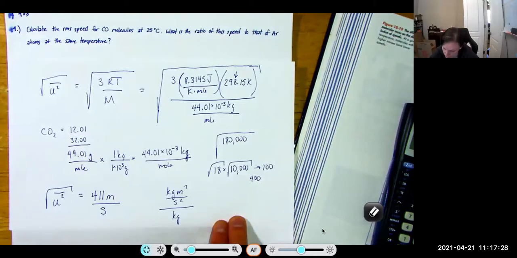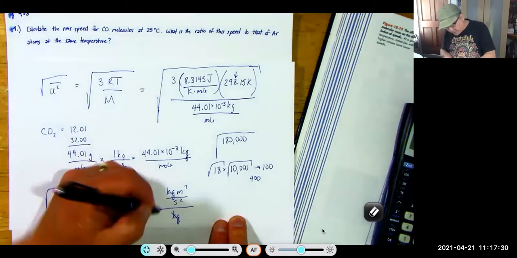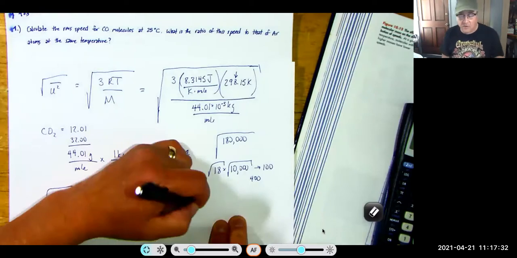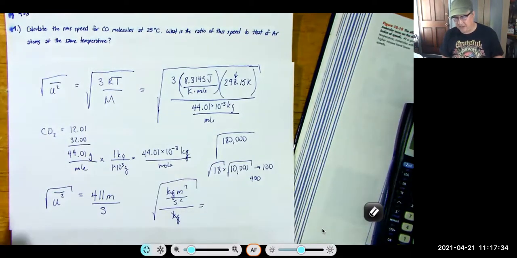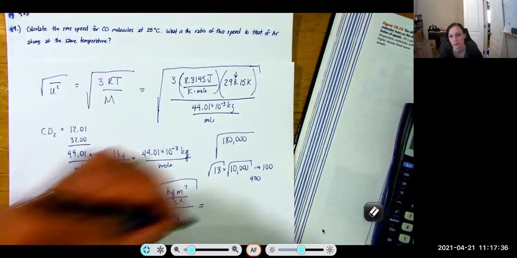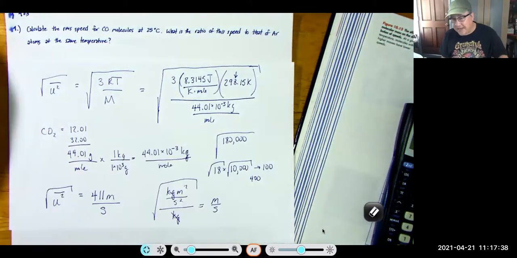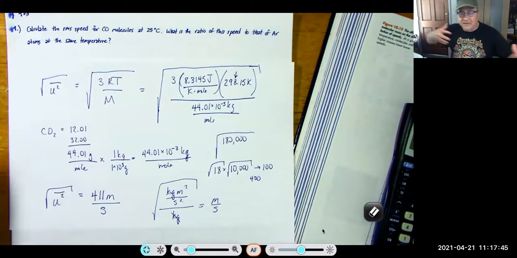Cancel. Okay, but we're also doing the square root of this. So what's the square root of a meter squared over a second squared? Meters per second. So that's why it's important for you to have the molar mass in kilograms per mole so that you don't need to worry about things canceling. You just know you're going to get meters per second because we just did it.